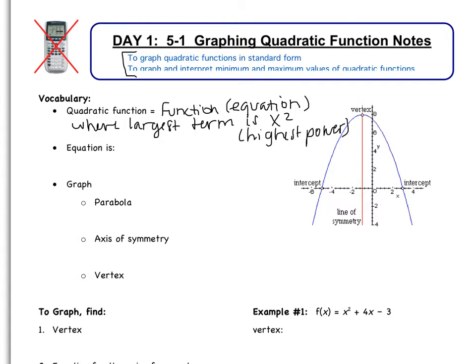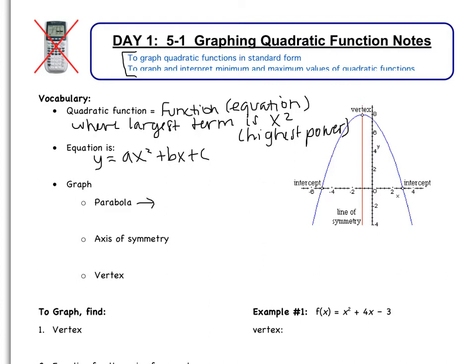So I don't have x to the third, I don't have x to the fourth, I don't have anything above x squared. The general equation in standard form is y equals ax squared plus bx plus c. And in this case, a, b, and c are just constants. They're just some numbers.